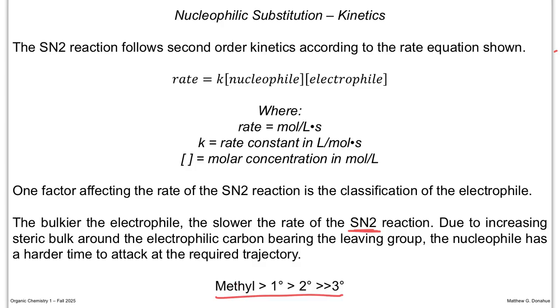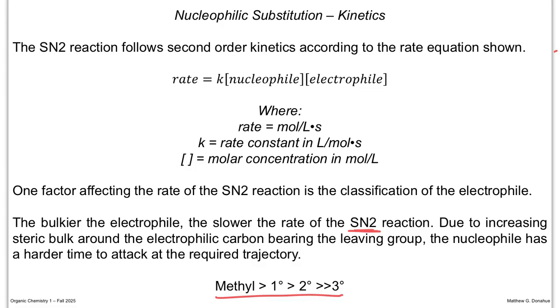And if we consider, this would be methyl, so all of these things are hydrogen. But if you take one of these off, and now it's some other group, now it's primary. Take another one off, it's secondary.